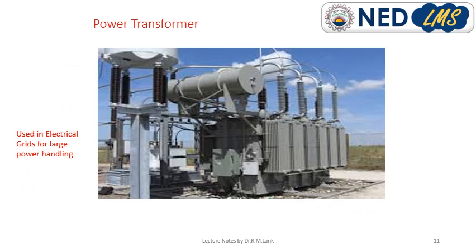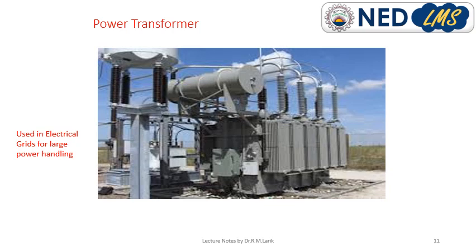Let's discuss the power transformer. As you've seen in the figure, the power transformer is used in electrical grids for large power handling. When we generate electricity, that electricity is stepped up by power transformers for transmission purposes.